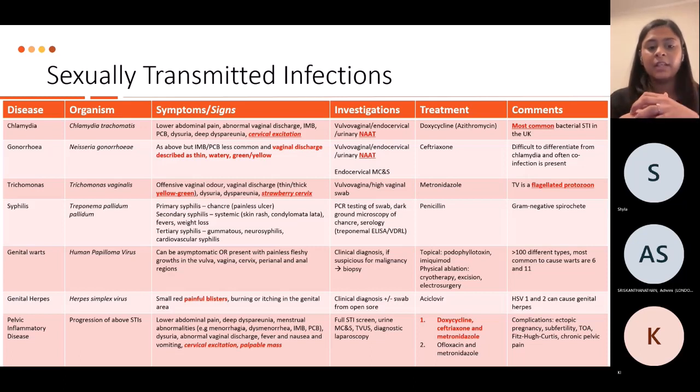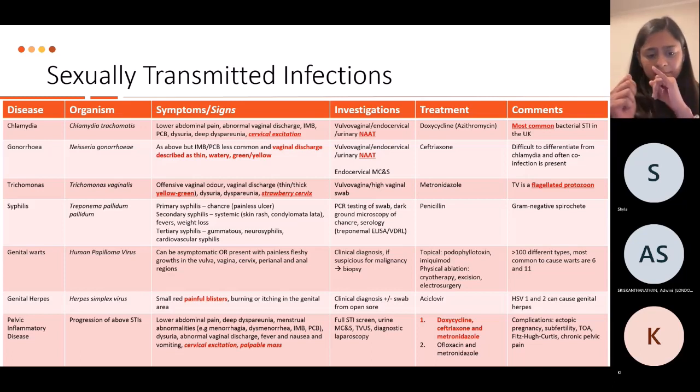So for chlamydia, the symptoms and signs will all be very similar, but usually you get cervical excitation. Investigations will be a NAT, which is a nucleic acid amplification test. So that will either be a swab or a urine sample of that.